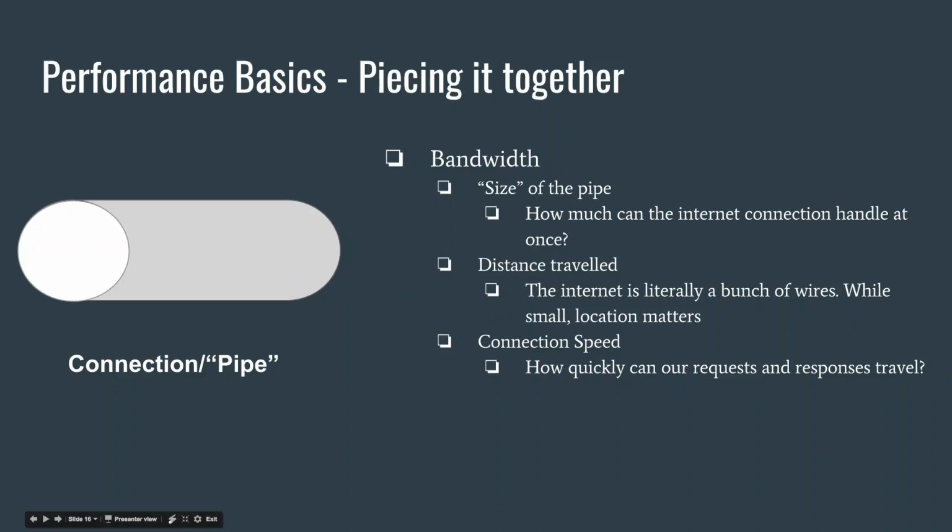Another piece that is often forgotten with respect to the connection of the pipe: a lot of times we forget that distance traveled matters a little bit as well. We forget that the internet is literally a bunch of wires. And while it's a small difference, location does matter. A great way of thinking about this, I believe it was a 60 Minutes piece about a year or two ago in the financial services industry, where people are trading stocks and certain people were able to lay high speed and shorter distance wires to where they were trading.